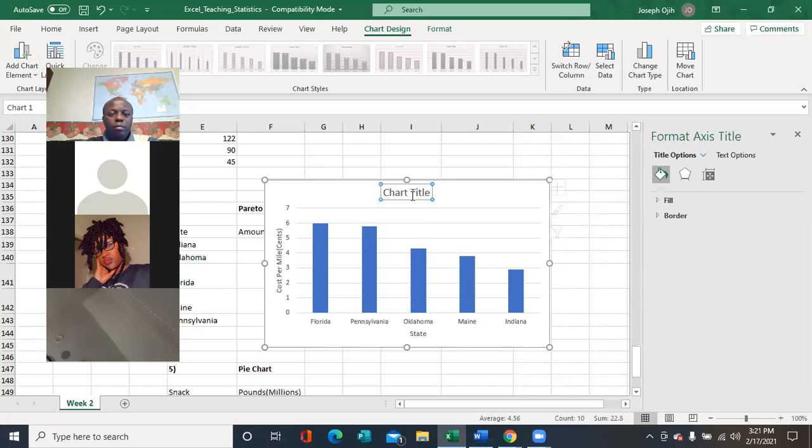This is the cost of using passenger vehicles in state turnpikes.